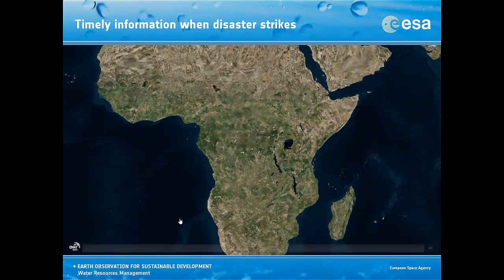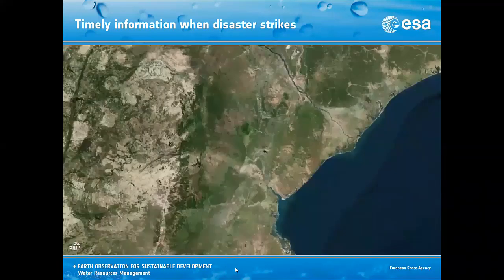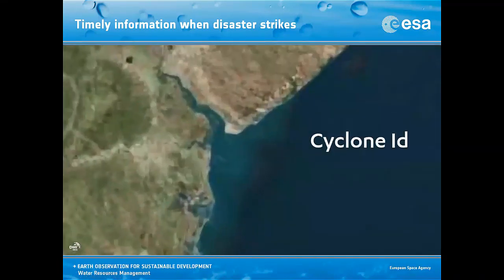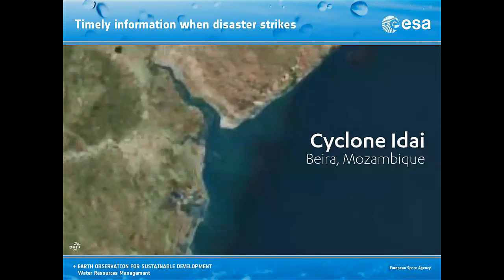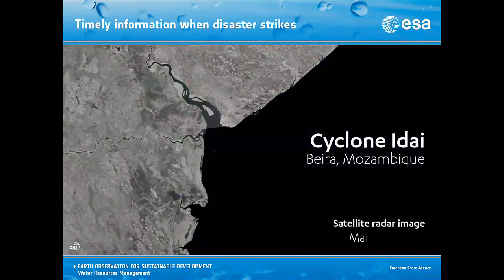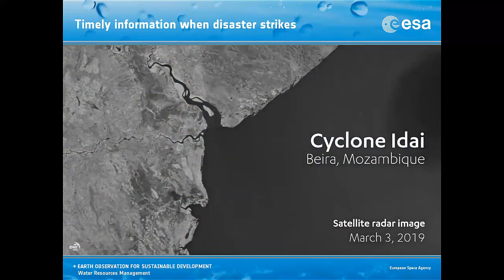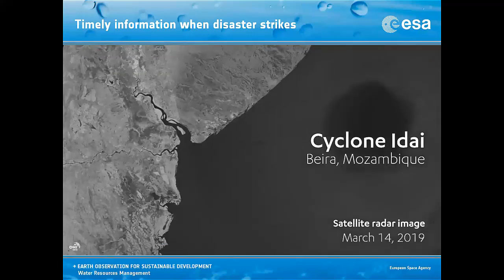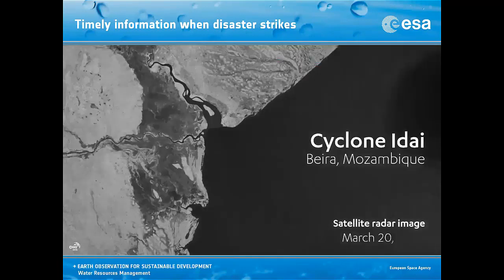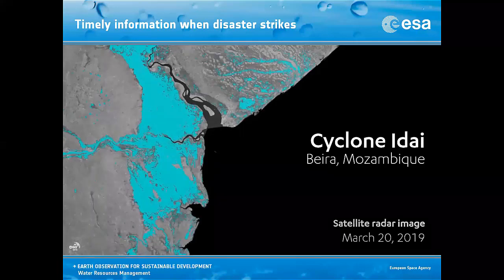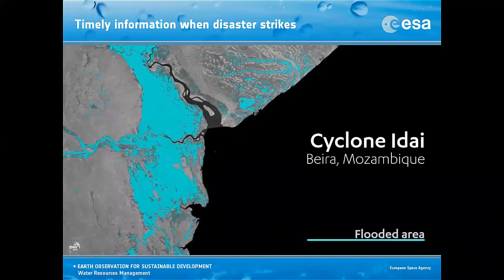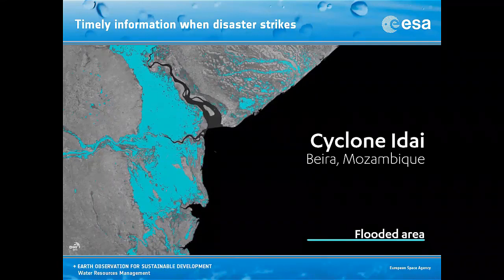I'd like to just play another small animation illustrating how radar imagery from the Sentinel-1 mission was used to map the extent of the flooding caused by Cyclone Idai along Beira in Mozambique.